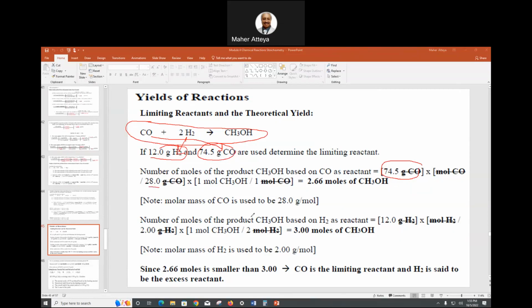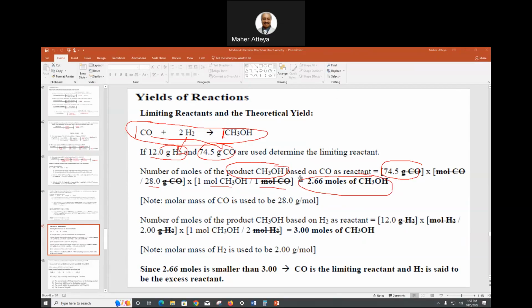And then I get the number of moles of the product, methanol, out of carbon monoxide and hydrogen. So I have 1 mole of the product to 1 mole of the reactant, carbon monoxide. That's the ratio here, correct? So I'm getting 2.66 moles of methanol, correct?